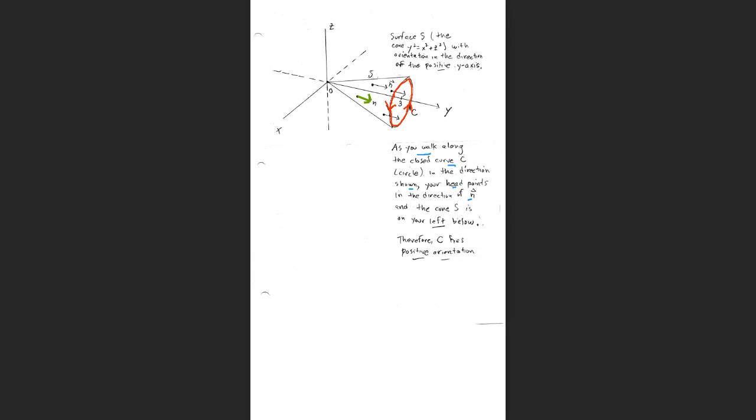Pretend you have magnetic boots or something, and you're walking around that curve. Your head's pointing in the direction of the normal vector, and the cone S is on your left.